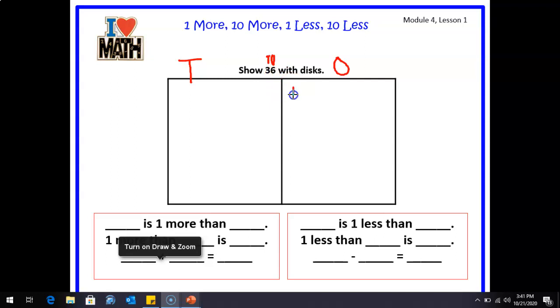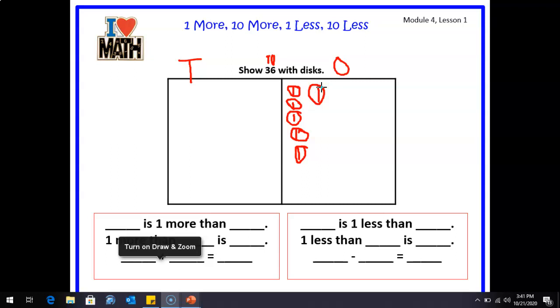That tells me that I have 6 1s. 1 1, 2 1s, 3 1s, 4 1s, 5 1s. I stop right here because we draw in the 5 group column. And 6 1s. I'm done with my 1s.